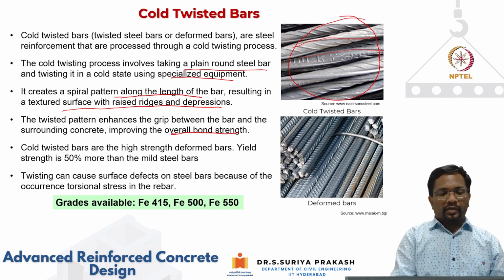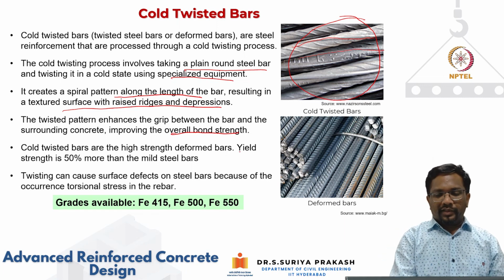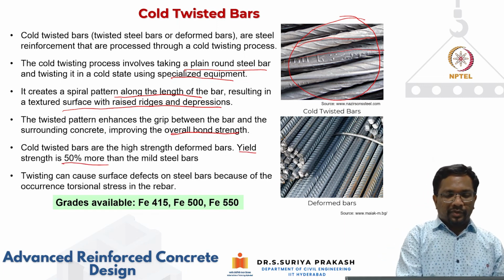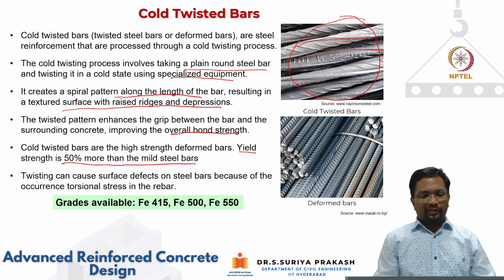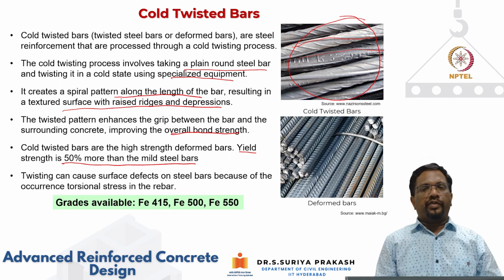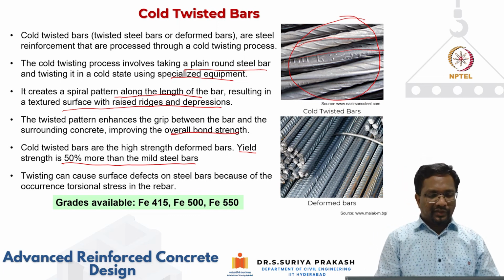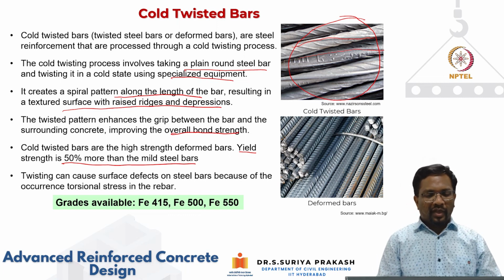Okay, and these are actually high strength deformed bars, and their yield strength is expected to be 50% higher than mild steel bars. So you can see Fe415, Fe500, Fe550, all of them have 50% higher yield strength than Fe250, which we use for plain steel bars.